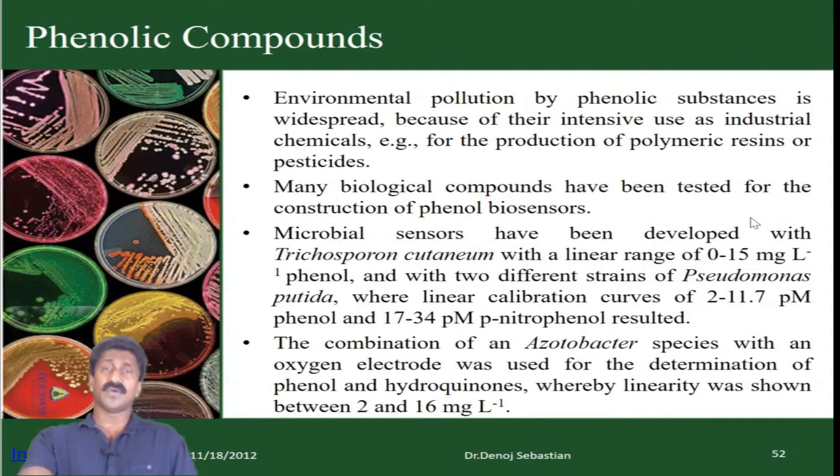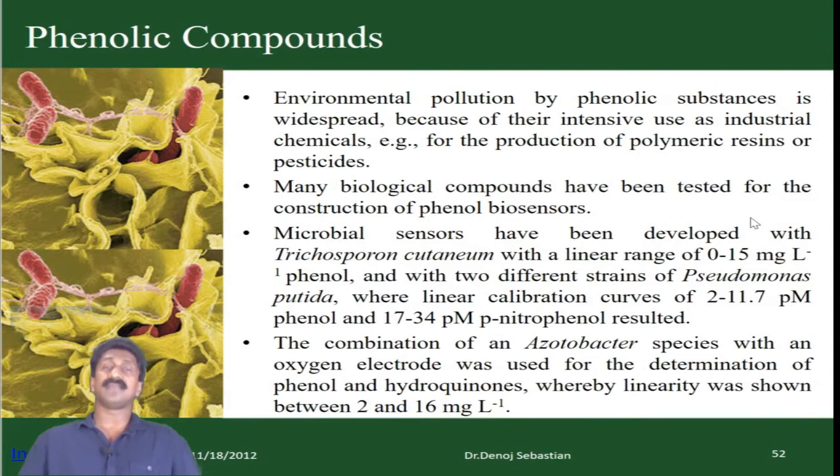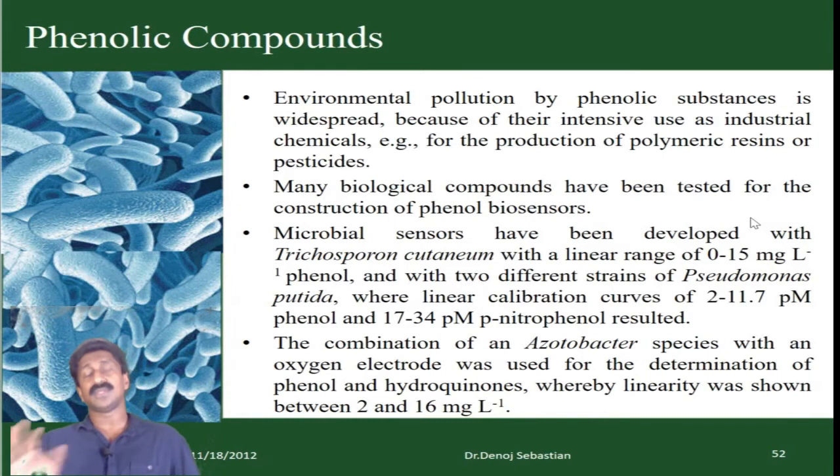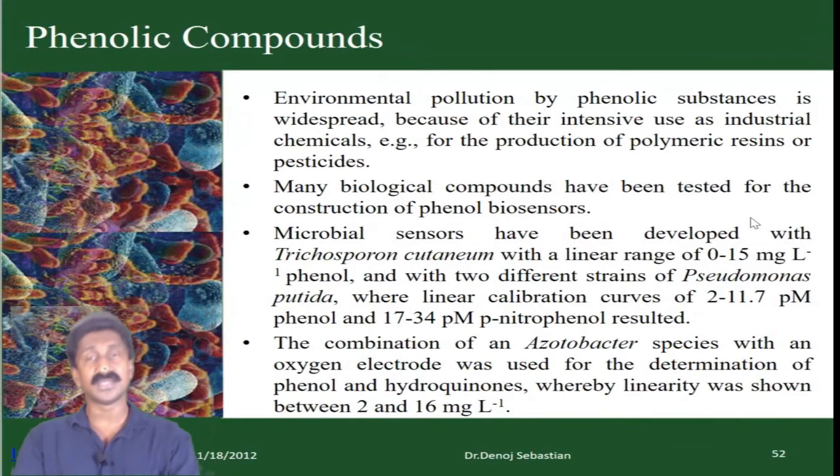The combination of an Acetobacter species with an oxygen electrode was used for the determination of phenol and hydroquinones, whereby linearity was about 2 to 16 milligram per liter. So the range of accurate detection will be 2 to 60 milligram per liter.